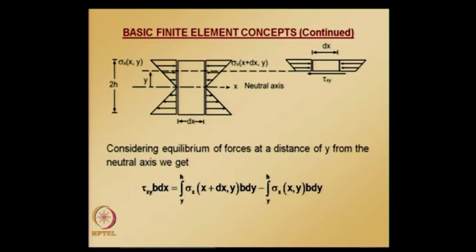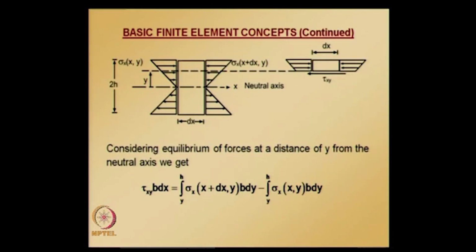Normal force is obtained by multiplying sigma x with b and dy. Dy is the thickness of a small slice taken at a distance y from the neutral axis.